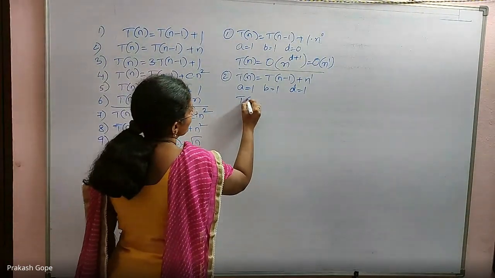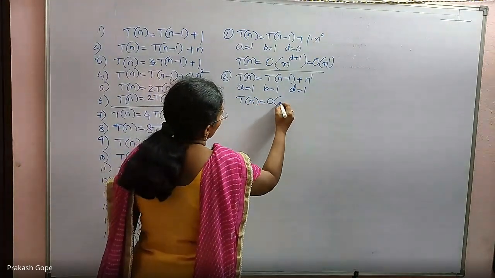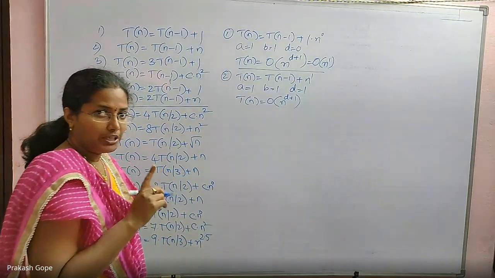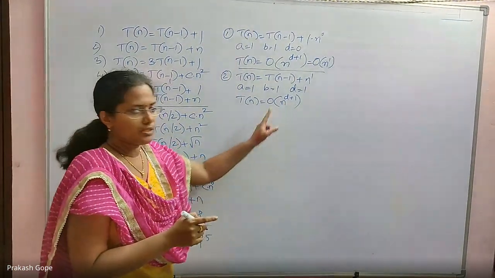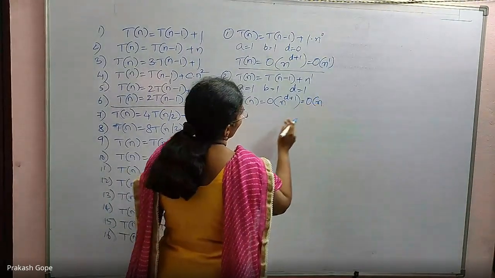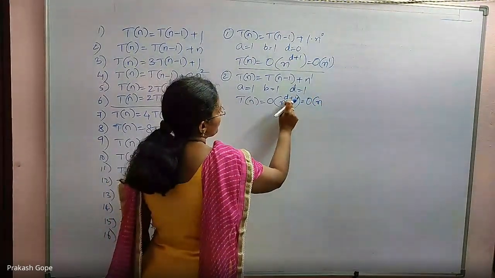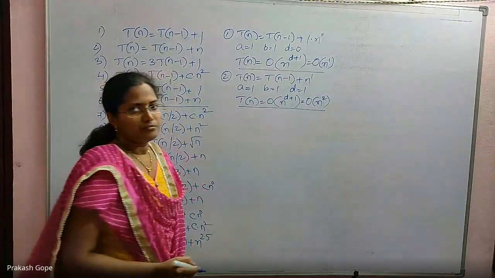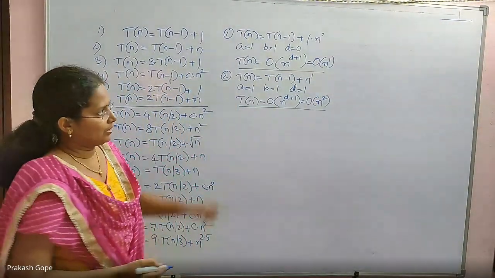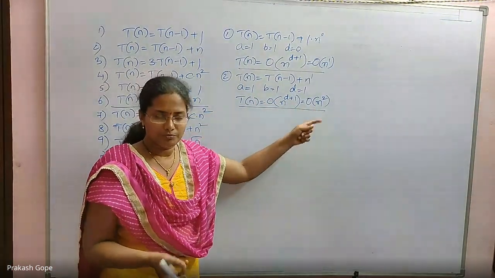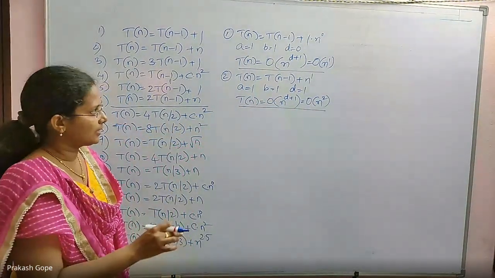A equal to 1 means T of n is equal to big O of n power d plus 1. You remember, if a equal to 1, I have written the formula as big O of n power d plus 1. So d is 1, 1 plus 1 is 2, which means big O of n square is the answer. Once you write the recurrence, you can give the straight answer by using Master's theorem. This is what is needed.